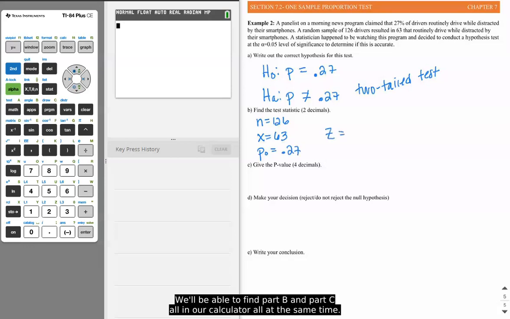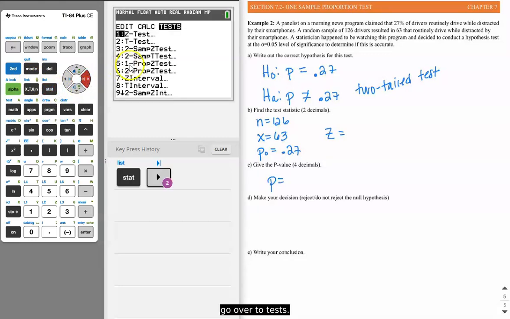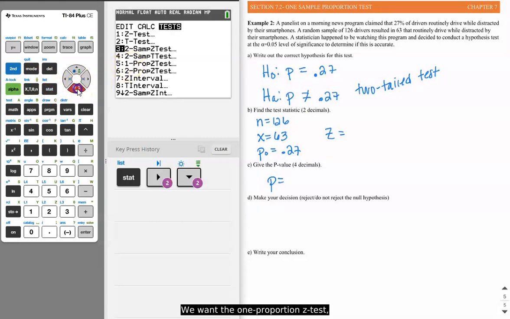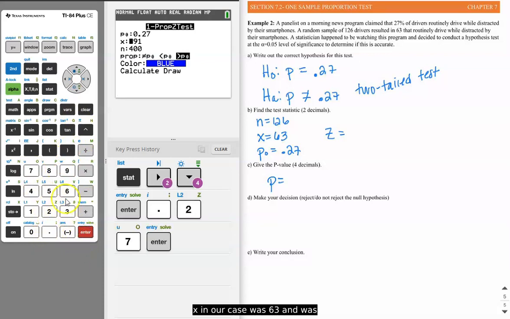So let's go through and find this. We'll be able to find part B and part C all in our calculator at the same time. So we're going to hit our stat button, go over to tests. We want the one proportion z test, so 1-PropZTest. We're going to enter the value it's claiming, so 0.27. x in our case was 63. n was 126.